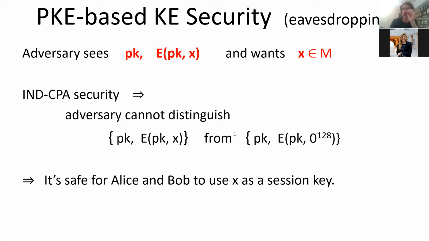If an attacker saw a difference, reacted differently to this view and this view, then you would have an attack on indistinguishability of encryption E. The reduction is going to pick one message as X, the other is this, and just forward the ciphertext to the attacker. If he sees the difference, then the reduction is going to see the difference between encryption of the left message and encryption of the right message. And the only thing the reduction has is the public key. So that's an attack on indistinguishability of this encryption E.